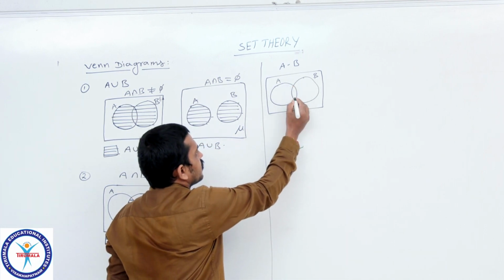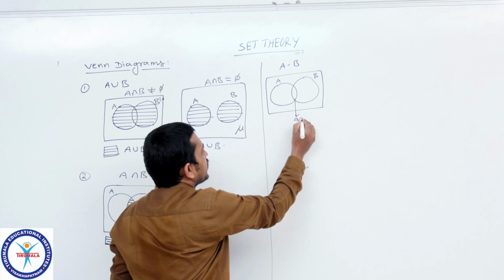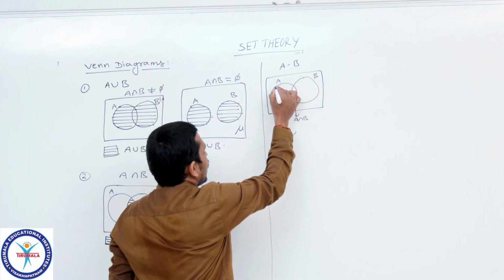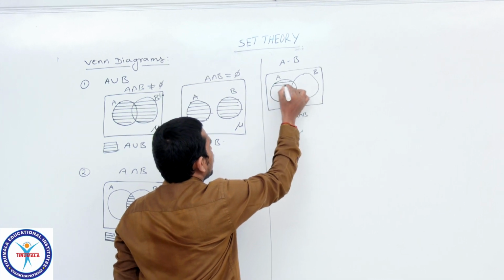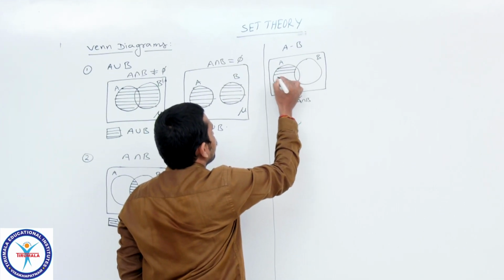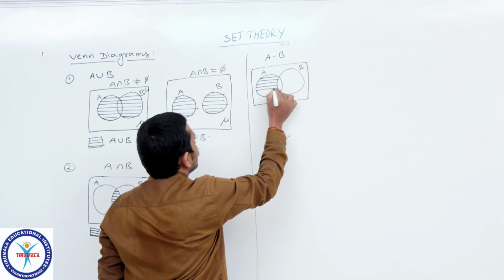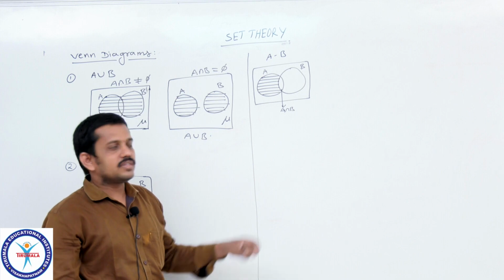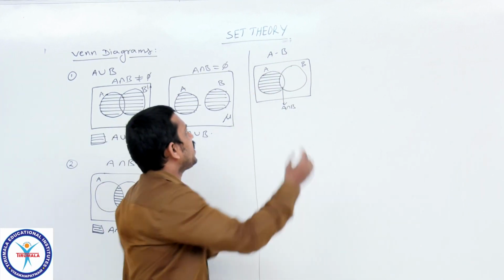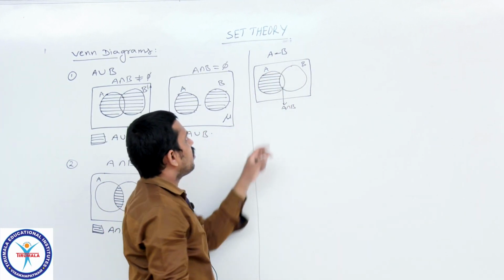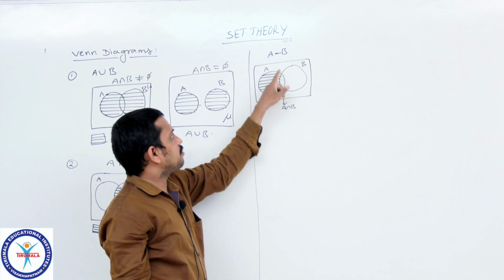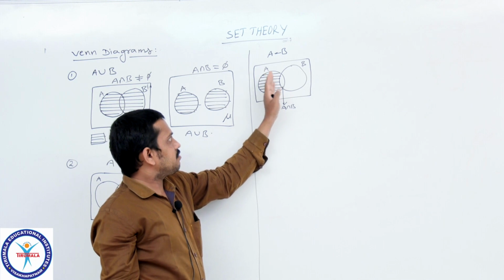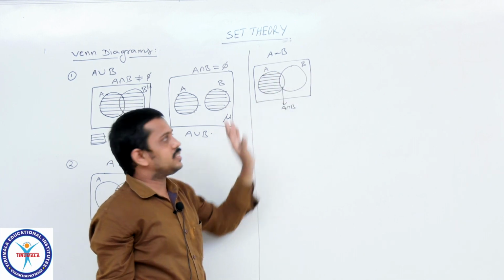This is the common region, so this is A intersection B. So we exclude this region and shade the remaining region of set A. So this is A minus B. Therefore the A minus B Venn diagram is the part of region A which does not include the common region.